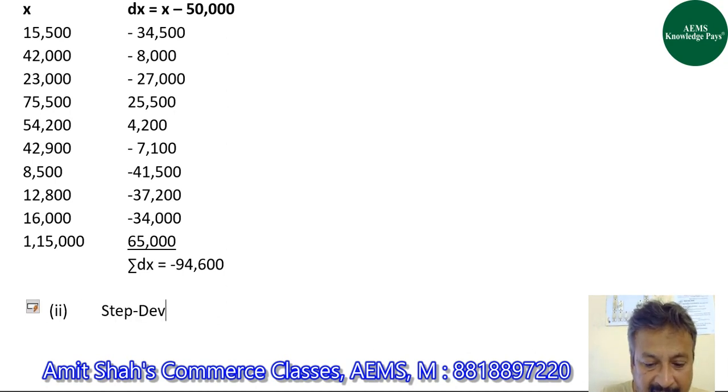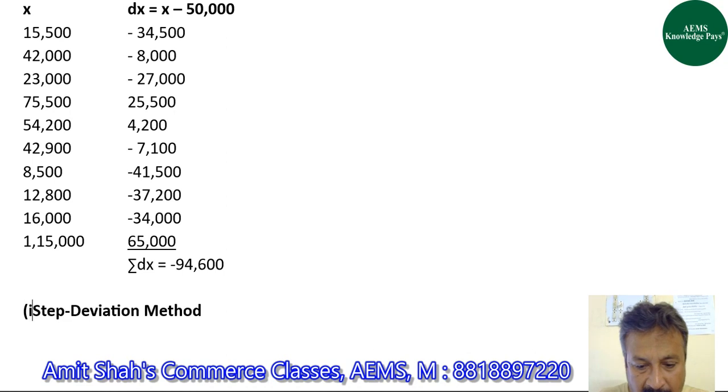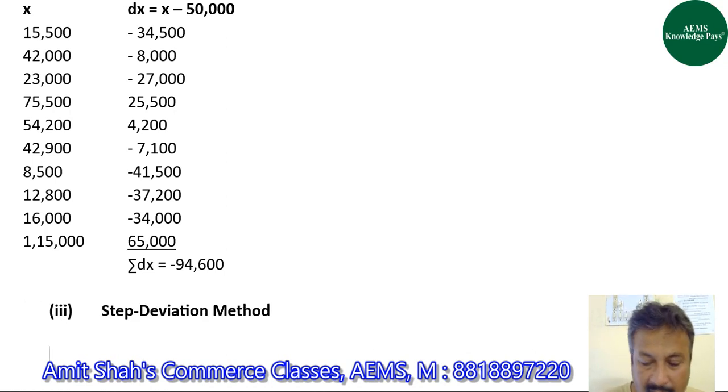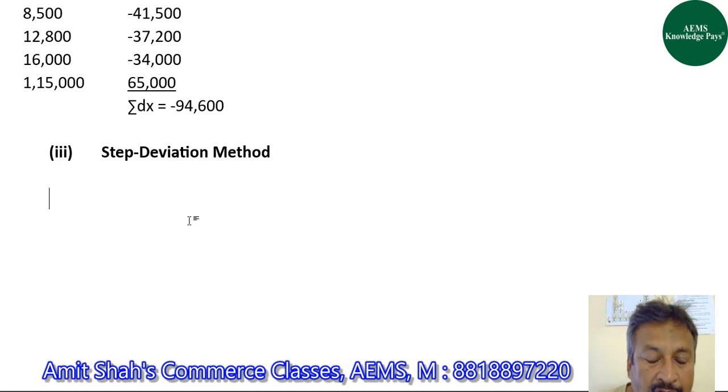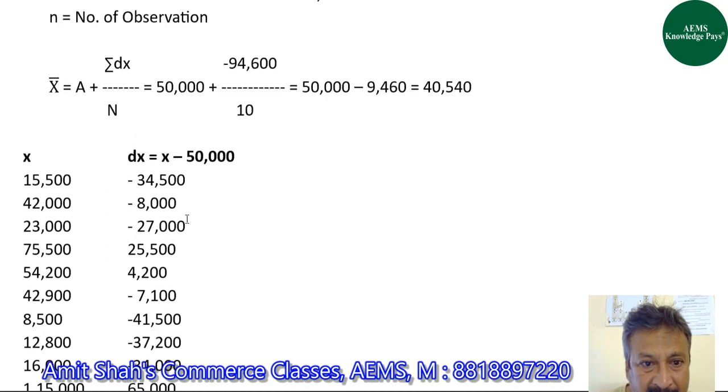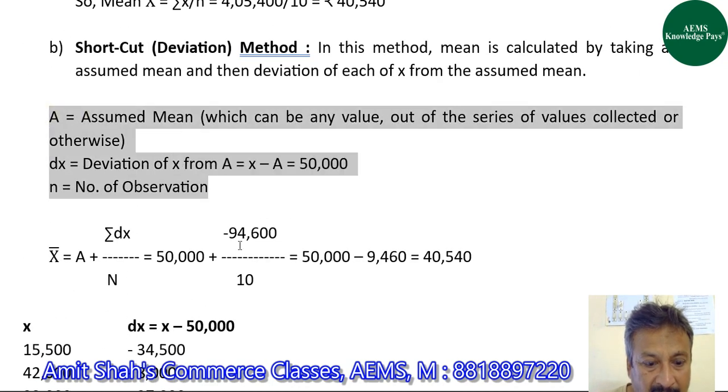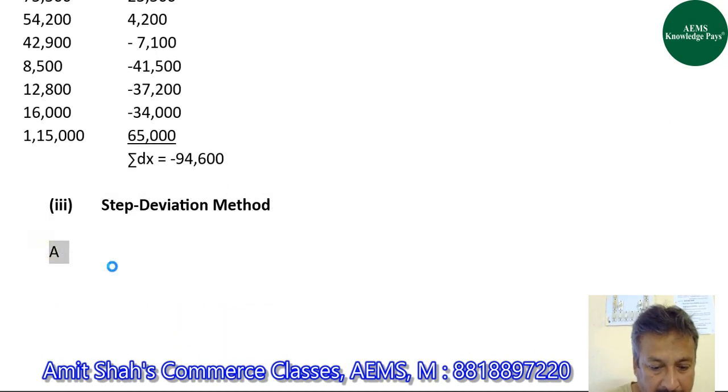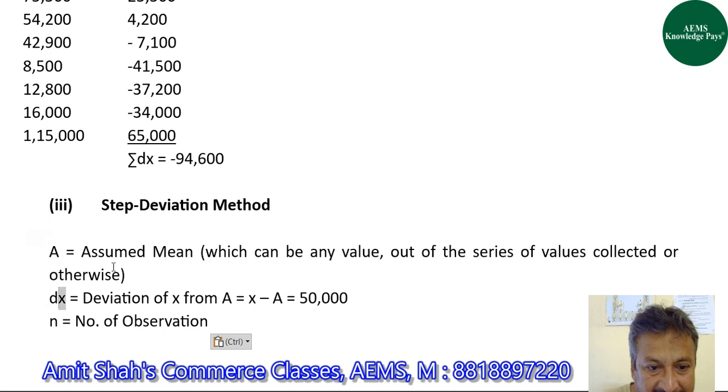The third method, guys, is the step deviation method. So here also we take deviation, but the deviation is a step deviation, meaning the amount of deviation is reduced by taking I. Here also we take A as the assumed mean, but instead of taking dx, we take ds.